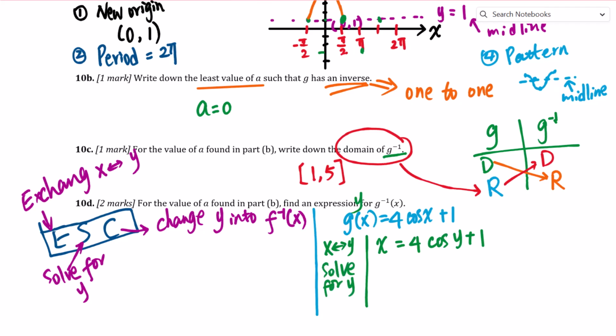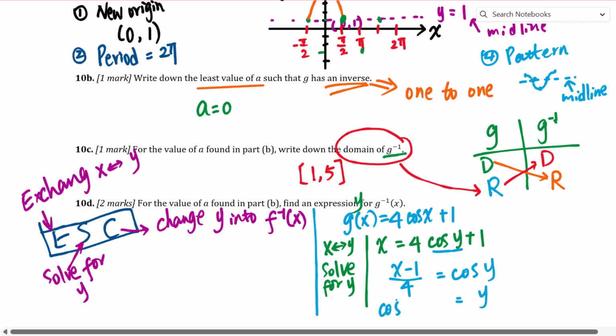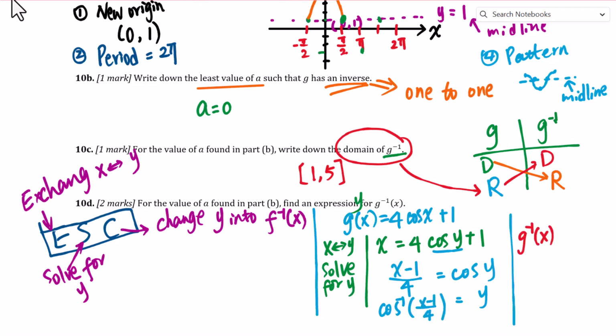We need to isolate cosine y first: minus 1 both sides, then divide by 4. So y equals inverse cosine of (x minus 1) over 4. Last step, change y into inverse function symbol. So inverse of g of x equals inverse cosine of (x minus 1) over 4.